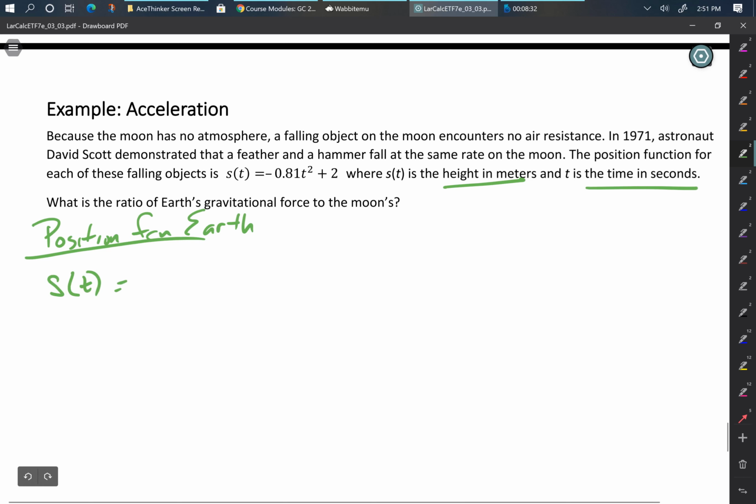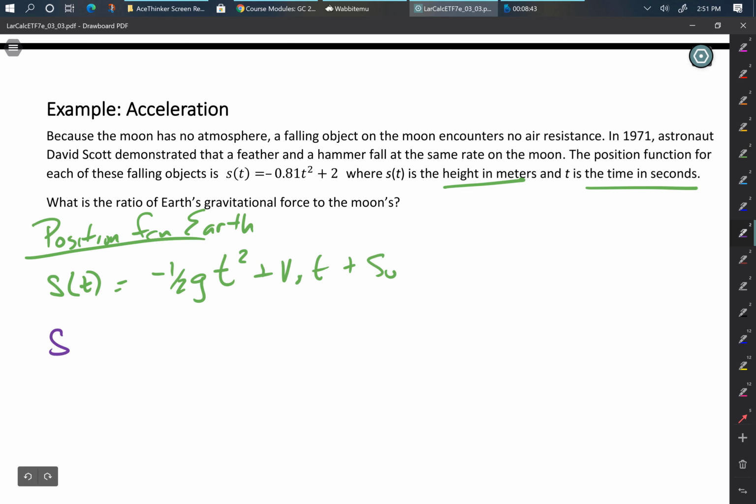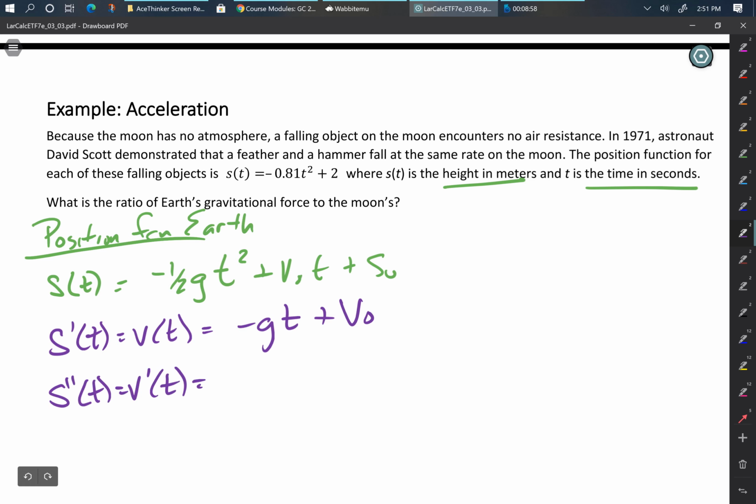Actually, you know what? I'm even going to do you one better. Negative 1/2 g t squared plus v sub 0 t plus s sub 0, which means that s prime of t, which would be our v of t, is going to be negative g t plus v sub 0, and then s double prime of t, which is going to be v prime of t, which is going to be a of t, which is negative g.